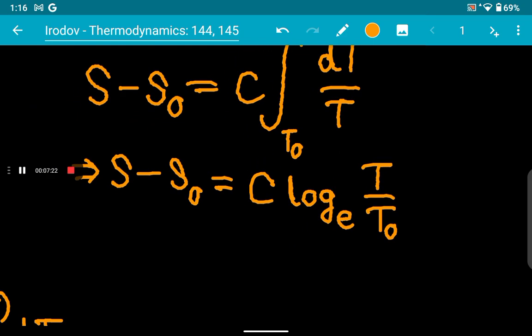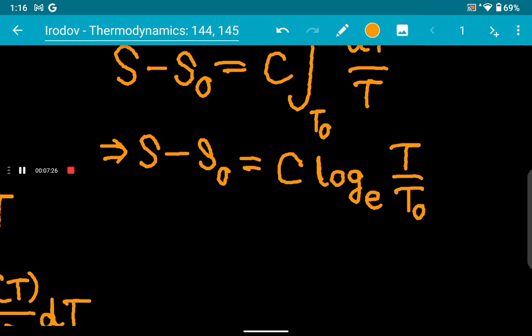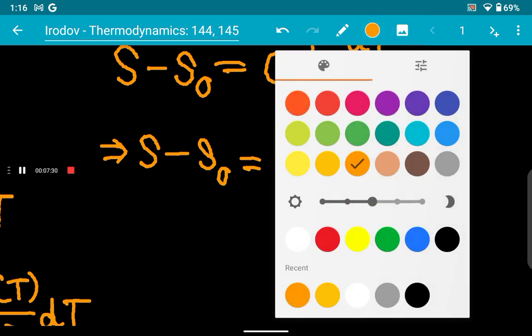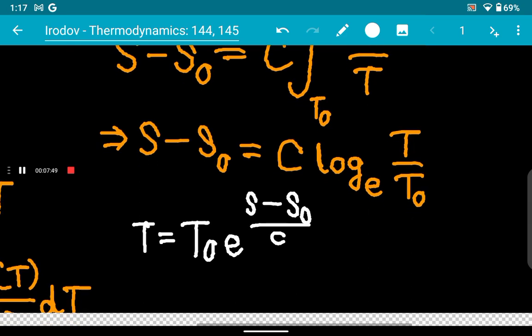I am not writing the modulus, as T and T naught are both positive numbers. From here we can directly write that T is equal to T naught times e to the power of (S minus S naught) divided by C.